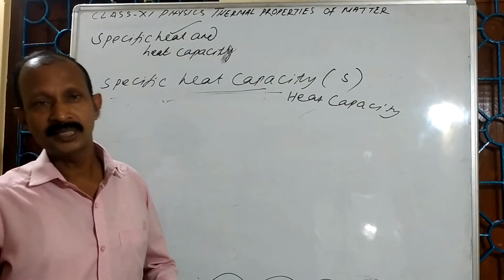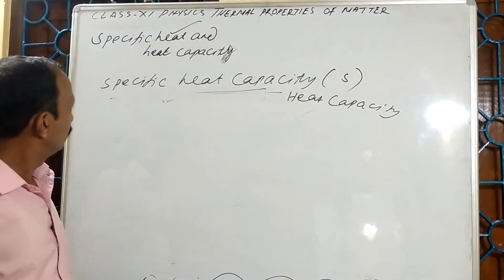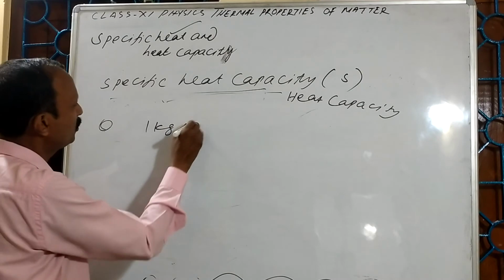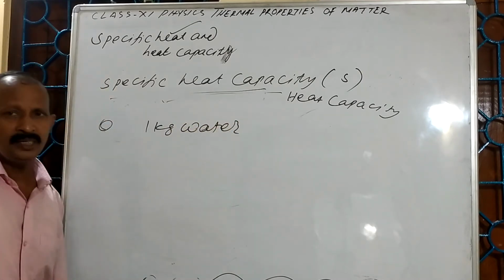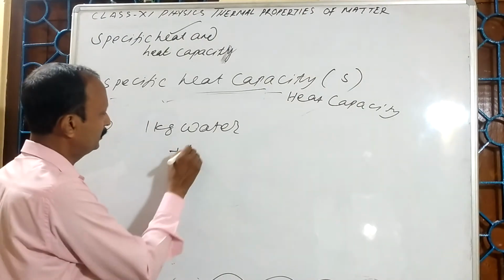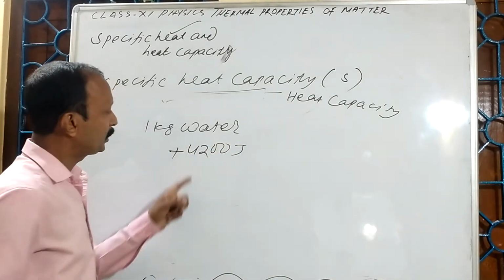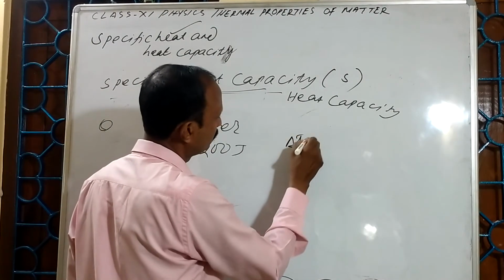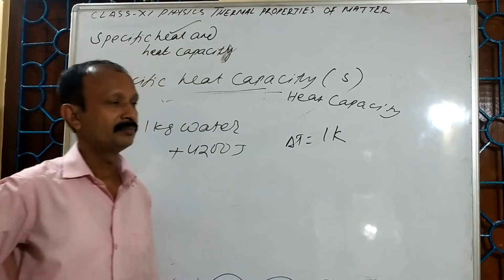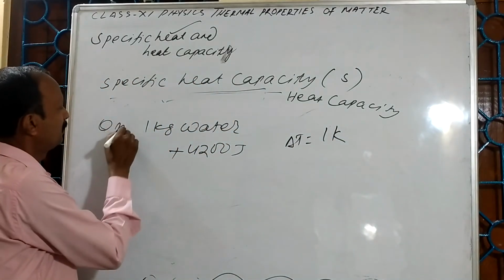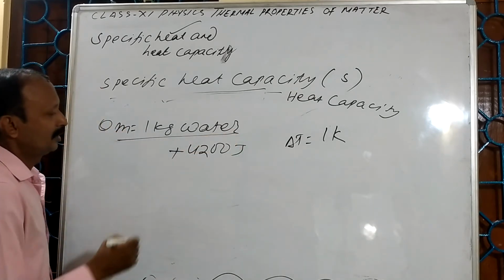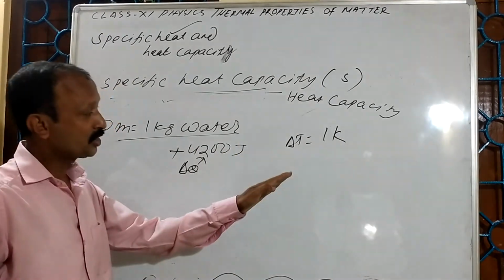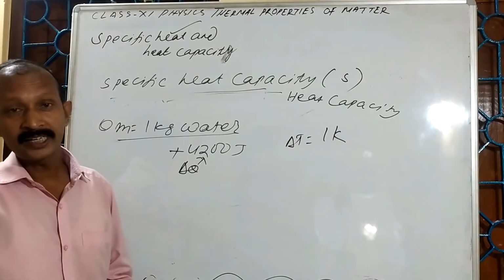Listen, children. Better I shall give an example of a numerical problem. For example, 1 kg water is there. I provided 4200 joule of thermal energy. Its temperature changed by 1 Kelvin. That means mass I gave 1 kg, heat I provided 4200, its temperature raised 1 Kelvin.